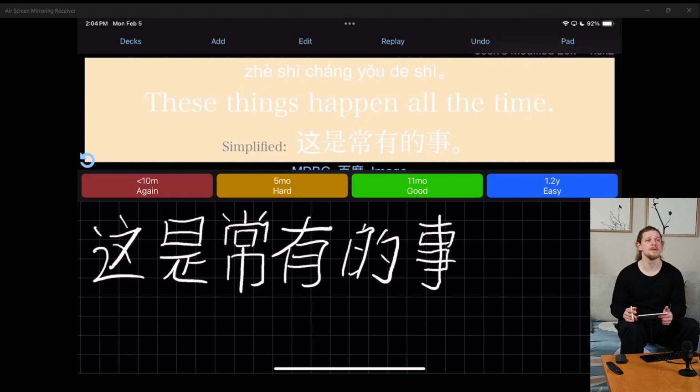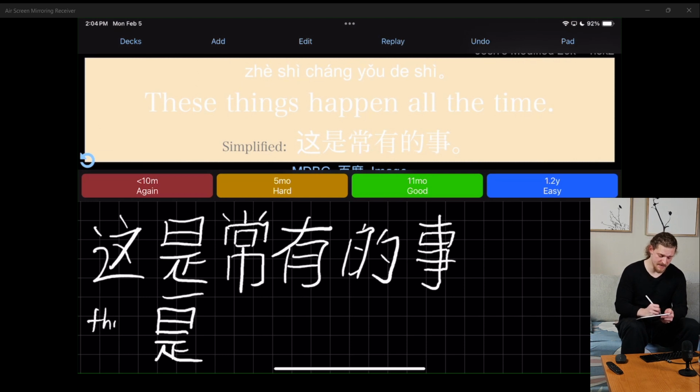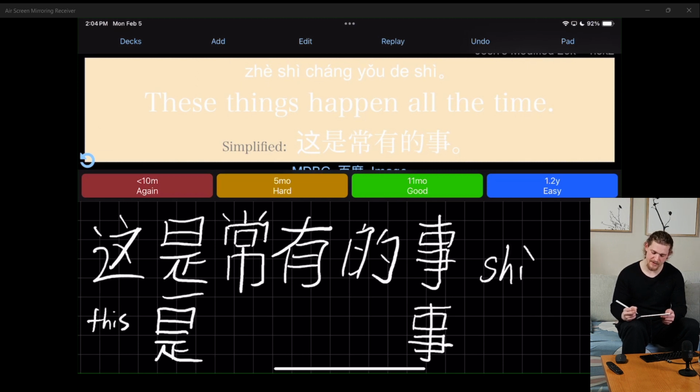So 这是 now then 的是. So we have the first 是 here, which means is, right? Is or are. And the pronunciation of these two are exactly the same. It's also 是.